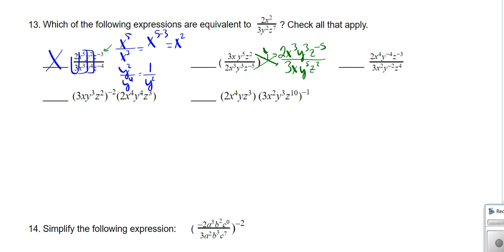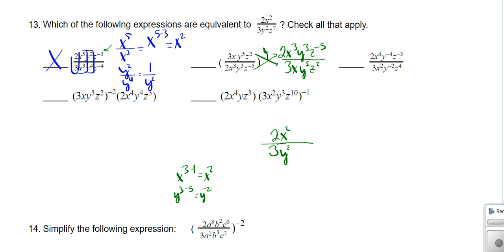So we got the 2/3. I'm going to start simplifying it down here. So I have the 2/3. All right, well, x cubed over x, that's going to be x squared, because that's just x to the 3 minus 1. You subtract those powers. Same thing, you have a y cubed over a y to the 5th. So if I subtract those powers, I get y to the -2, which is a y squared in the denominator.